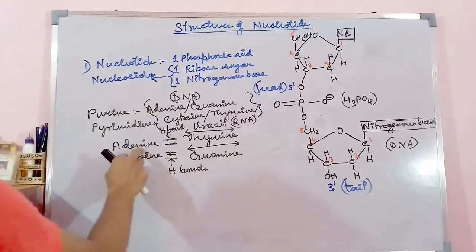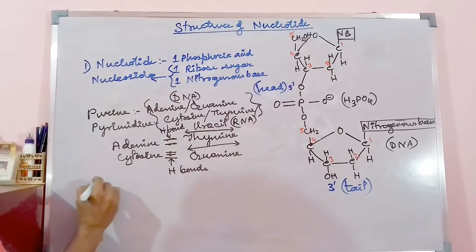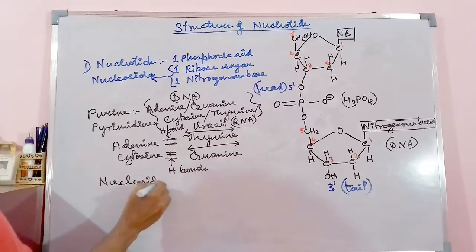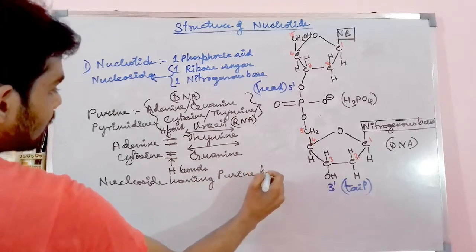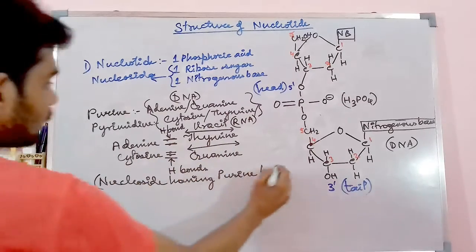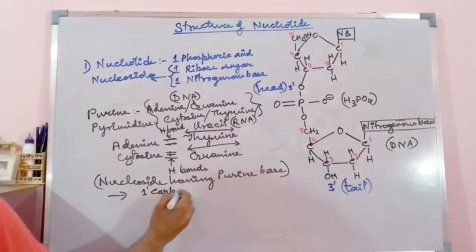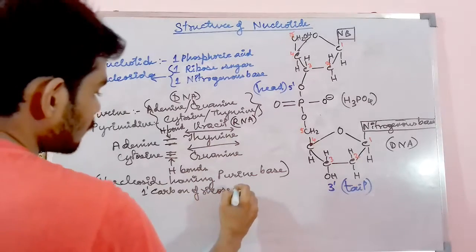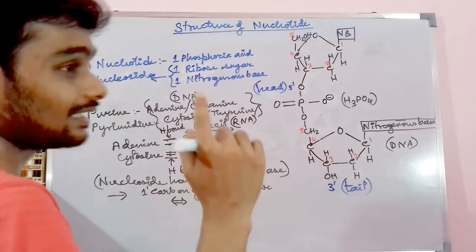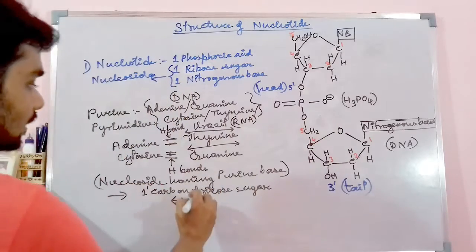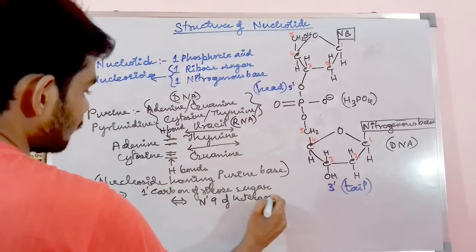And now always remember, in case of a purine nucleoside, if I consider the nucleoside having a purine base, that is adenine or guanine, in this particular case it would always be the first carbon of the ribose sugar that joins with the nitrogen present in the ninth position of the heterocyclic base.